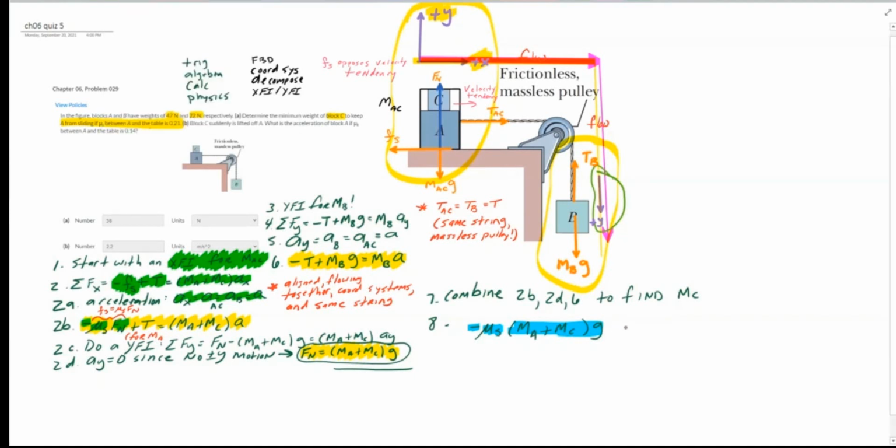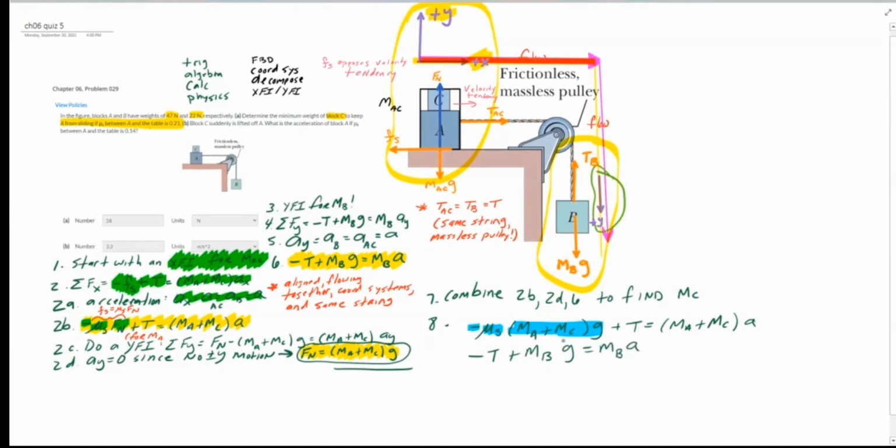Plus T equals MA plus MC times A. Now I'm combining it with number 6. This is what I got from number 6: minus T plus MBG equals MBA.